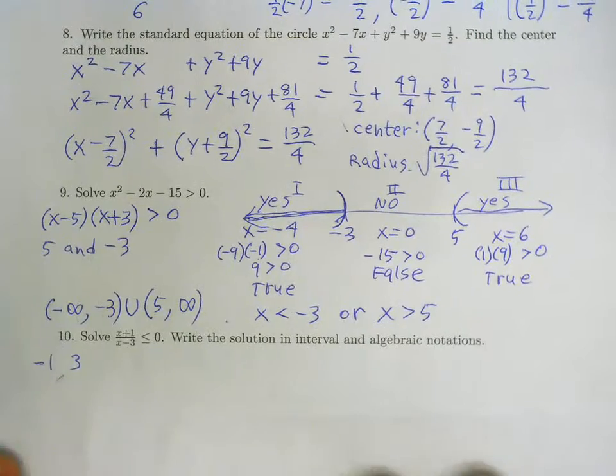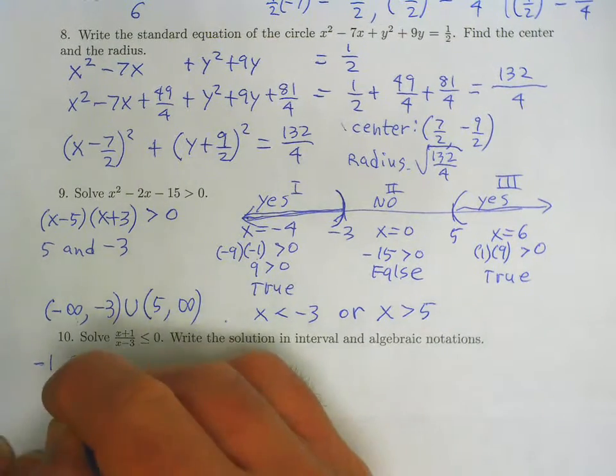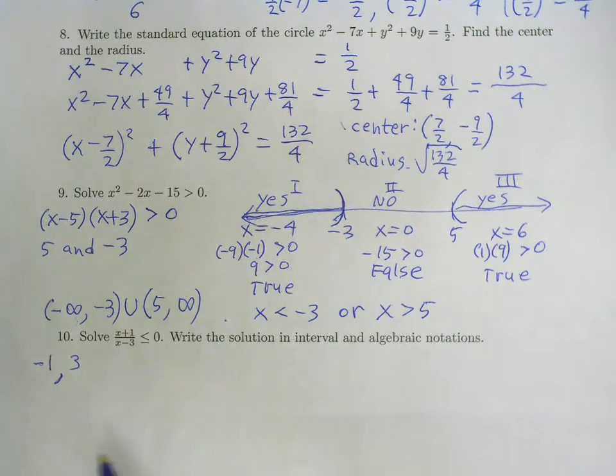So we should be able to know by now, right at the outset, the endpoint 3 that comes from the denominator is not part of the solution, because if you replace every x with 3, then you're trying to divide by 0, but division by 0 is undefined.